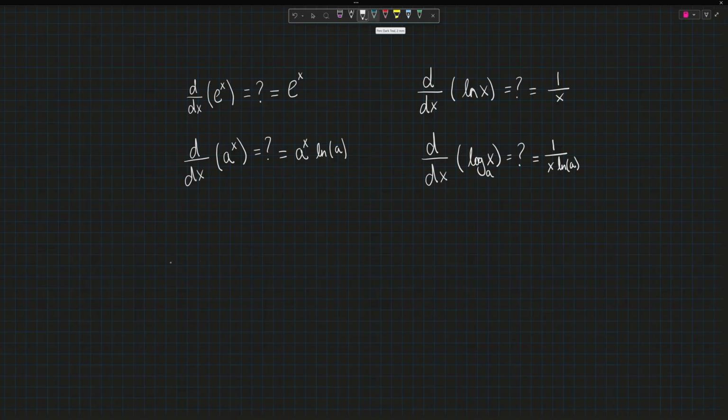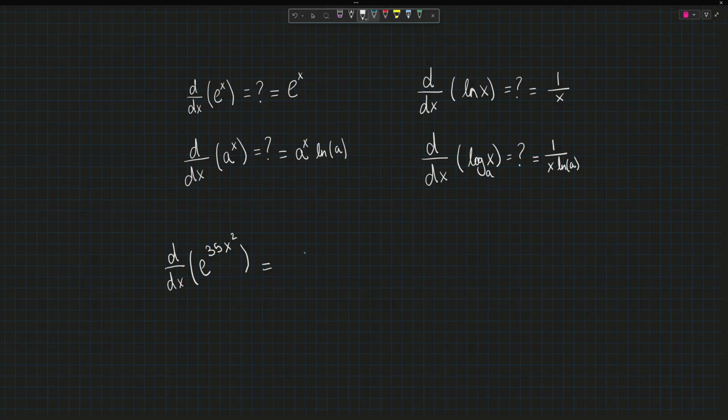Let me show you. So let's say I'm asking you to take the derivative of e to the 35x squared. So, the inside would be the exponent here. All you're going to do is take the derivative of the outside, keeping the inside.